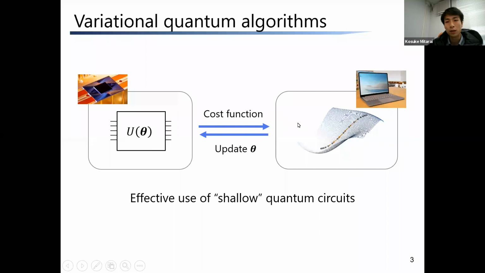Then we run an optimizer on a laptop or your classical computer to update the parameter theta to optimize this cost function. This variational quantum algorithm uses shallow quantum circuits very effectively by tuning the circuit to complete some specific task.